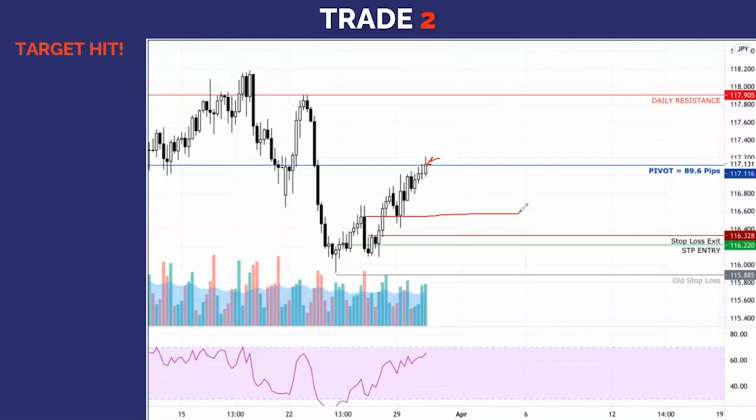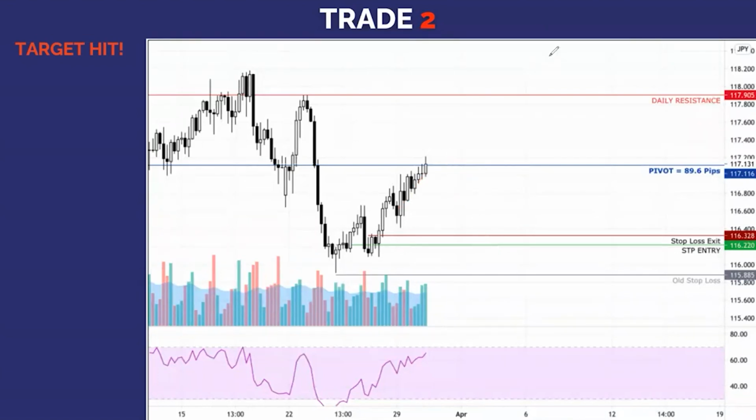So why not just move your stop and see if it does something like this? Which is a very valid point. And my answer would be, I like to take my profits off the table as quickly as possible, especially when trading Forex, because these lines and pivot points and resistance and support lines are retested frequently. So I wouldn't be surprised if it hit that and then reversed straight back down.